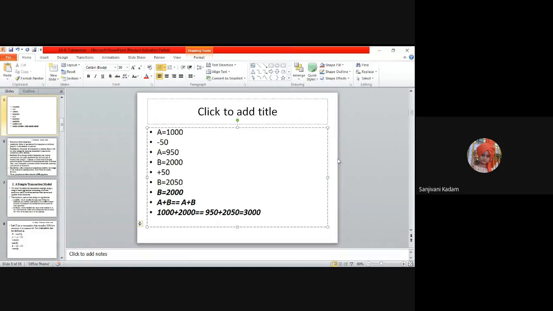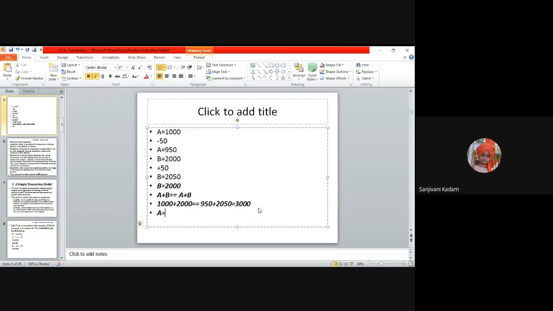Now consider that out of these operations, the first three steps got completed successfully and the remaining three steps remain to perform. In this case, A's balance is right now 950.